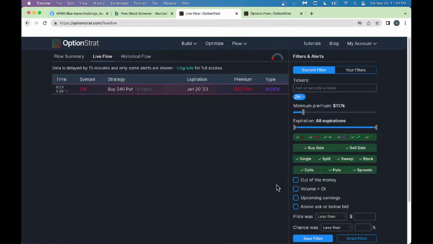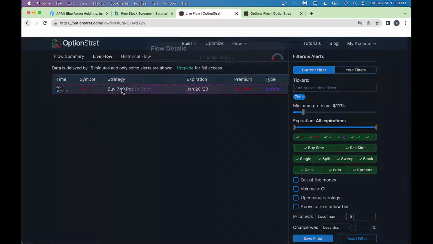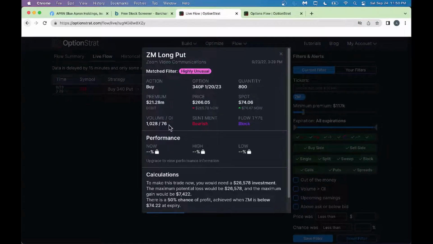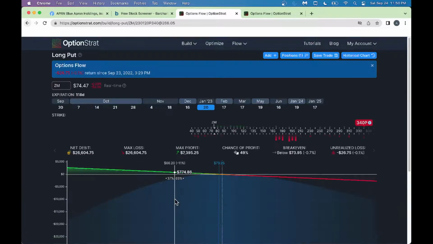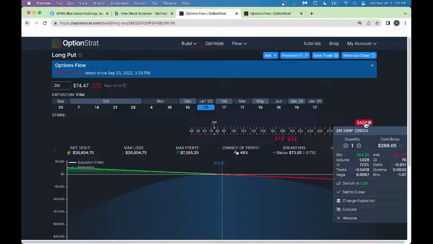Look, somebody is buying a put option on Zoom, expiration Jan 2023. It's a block, big block here. We can click on this. Look, we got a big block here, and we can copy this trade to option visualizer. All right, we got this trade here. Zoom is at $74 right now. Somebody's really buying a put option right here.